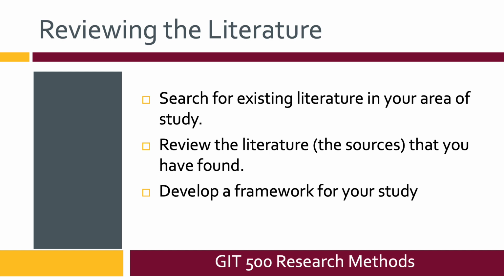How you do a literature review is you search for any existing literature in your main area of study. You review those that you have found, and you take notes, you highlight, you do whatever you do, and then from there you're going to develop a framework. What is your whole study going to be about?